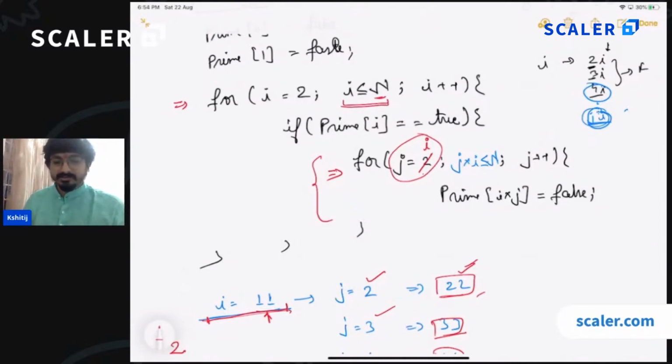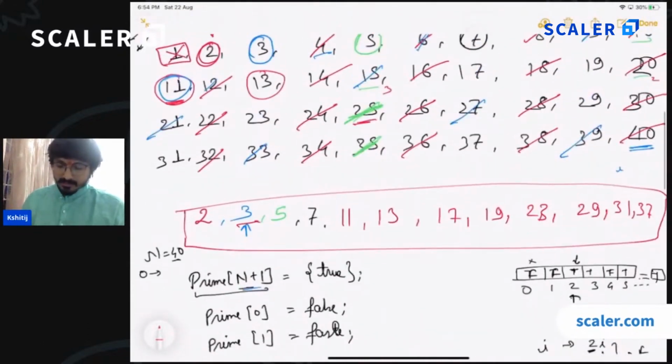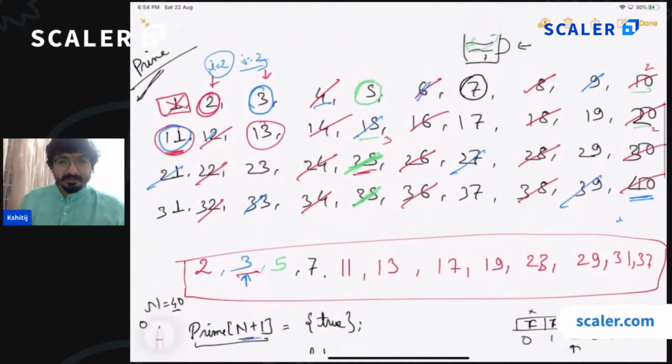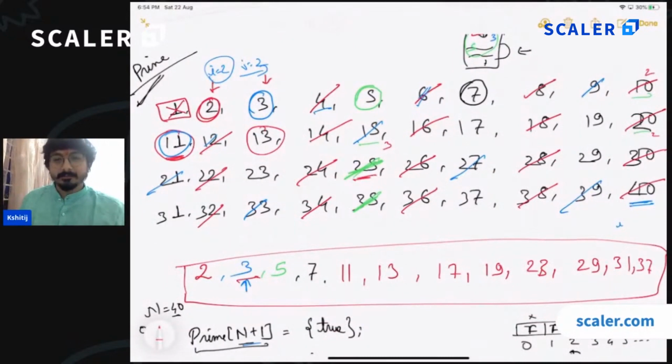Should it go till n by 2? So what is the maximum value that we have to cut? The maximum value that we have to cut is here 40, right?